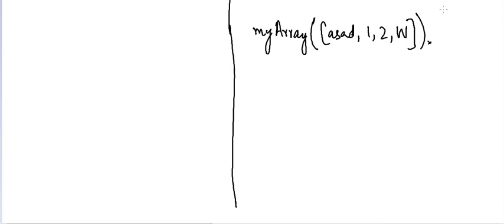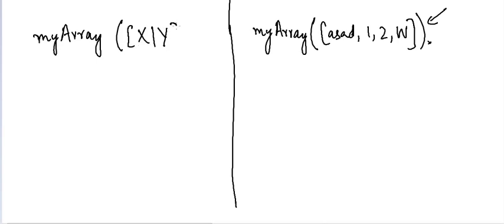Okay, for this clause, if I write a query on this side saying my array x/y, then basically x is going to be the head, right? And x will be equal to what? Asad. And y will be equal to what?